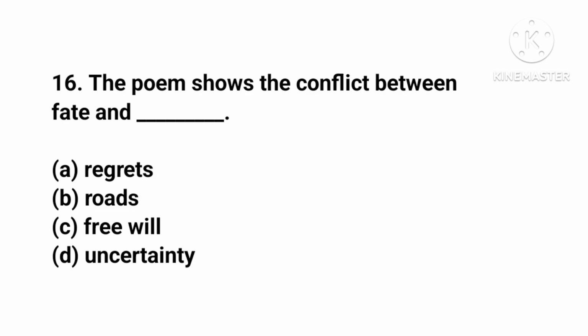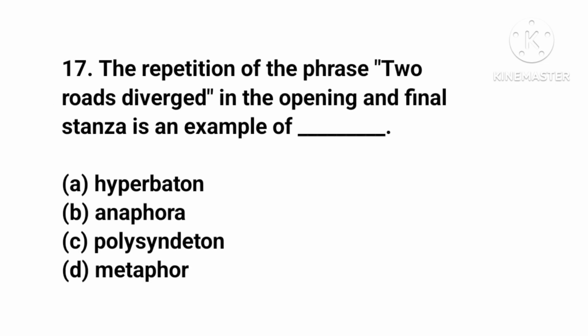The poem shows a conflict between our free will and fate, our choices and our destiny. So the impact each of them has on the other is being depicted in this poem. Now number 17.